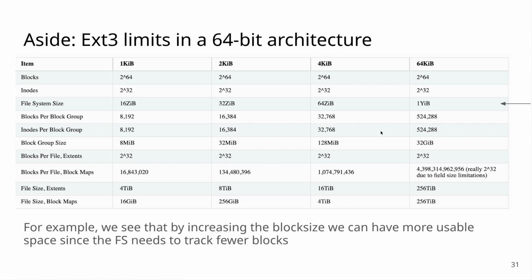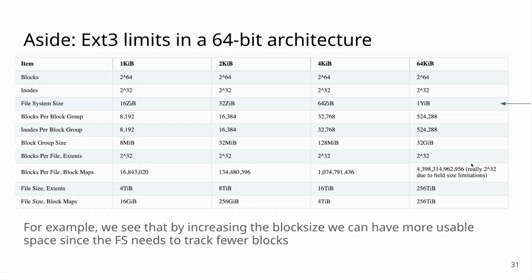Now some limits here, just for you to see how selecting a block size can affect, for example, the maximum file size that we can have. So, for example, if we select a block size of 1 kilobyte in an ext3 file system on a 64-bit machine, we can have a maximum file size of 4 terabytes, while if we select a block size of 64 kilobytes, we can go up to 256 terabytes.